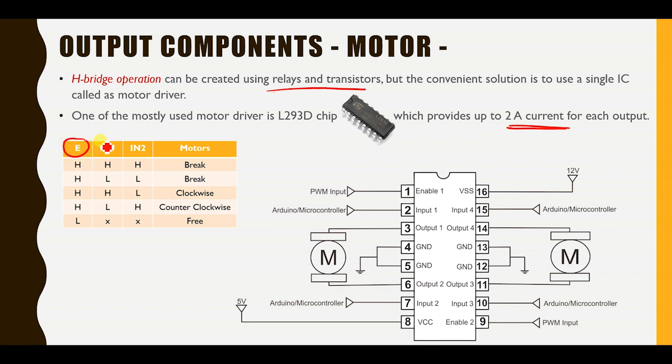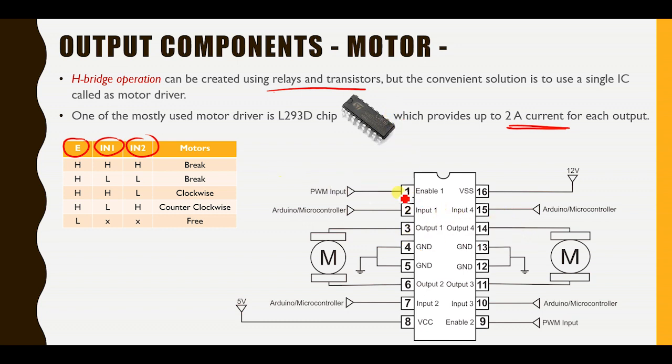The first one is the enable pin, and then in 1 and in 2. So for the use of a motor, you have to have at least three pins from the microcontroller. From the microcontroller, we go into these 3 pins on the H-bridge.